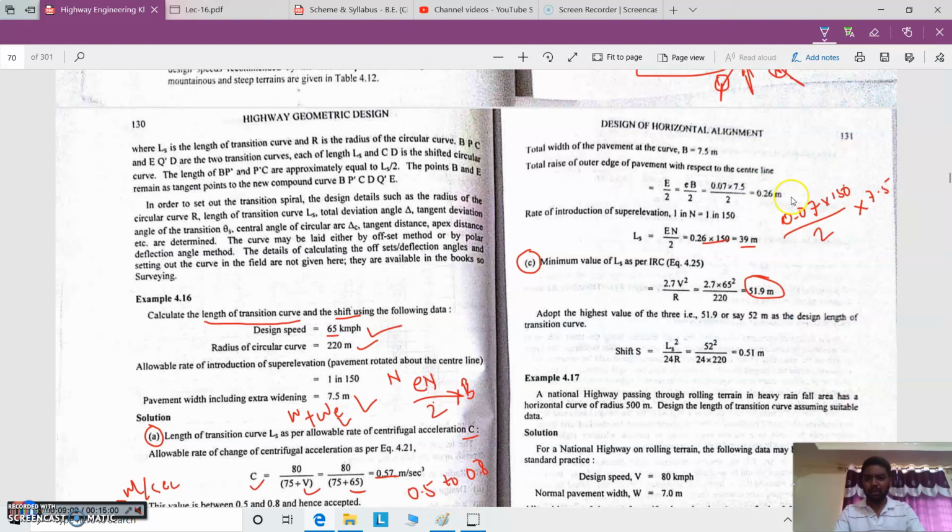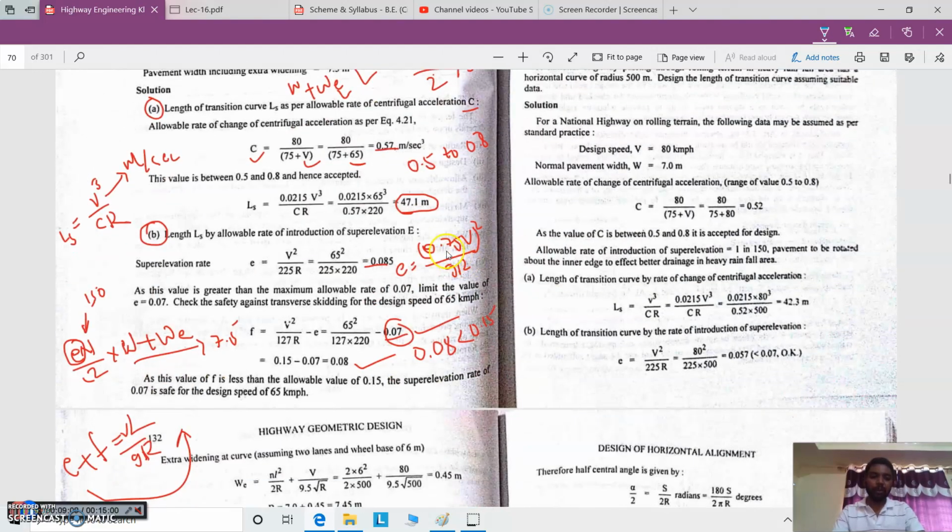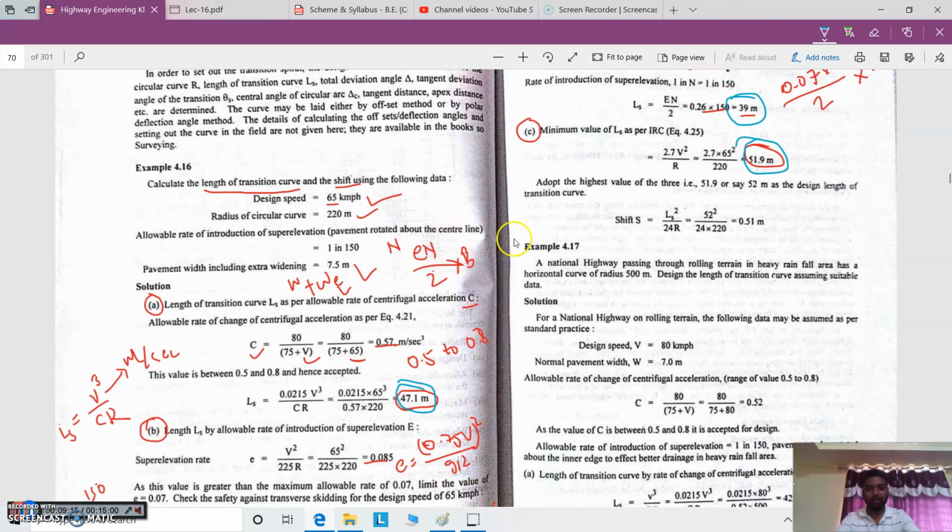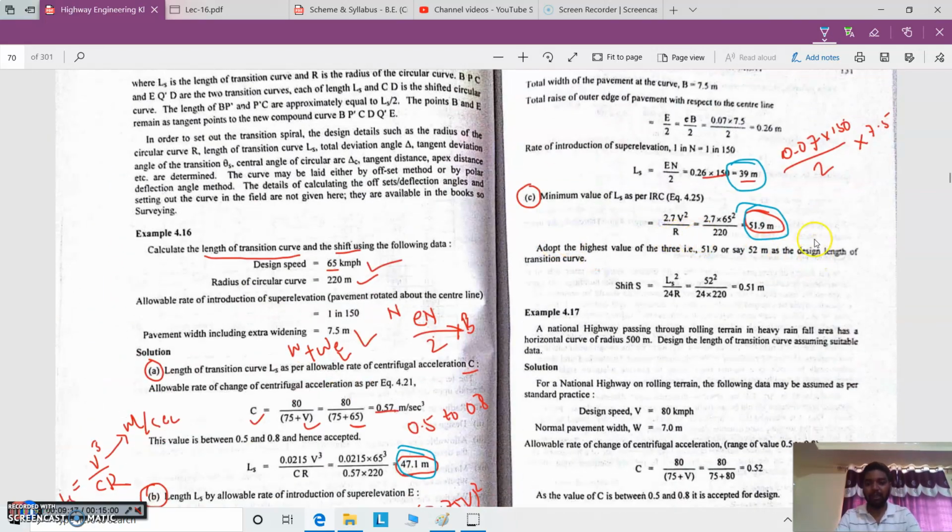So as per the discussion, 39 is one value, 51.9 is another value, and then 47.1 is the other value. Based on considering these three values, we have to adopt the maximum value, so the maximum value of transition curve is 51.9. So we can conclude it, rounding up to 52 meters.